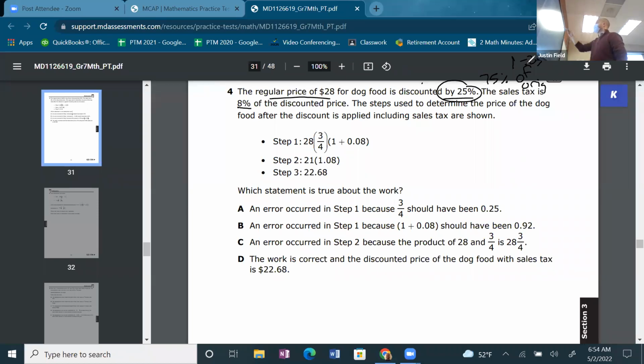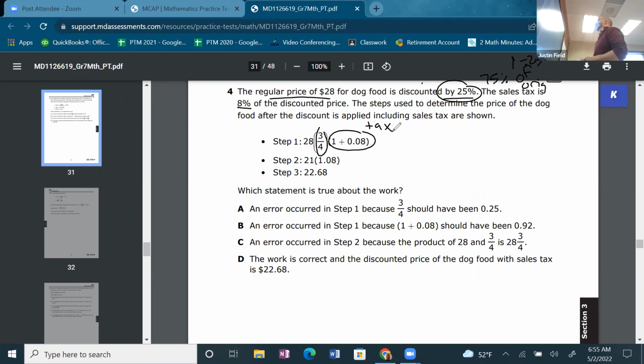So 75%, I see the 3/4, and I agree with that. We have to multiply the price by 3/4 to get the discounted price. And then we have to multiply by this for the tax. So I agree with that.